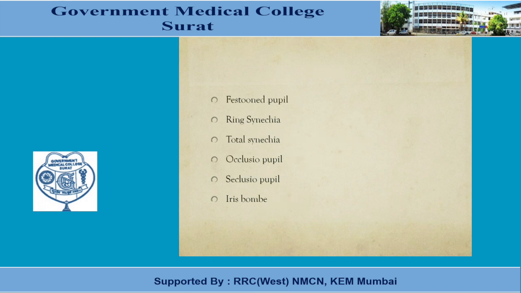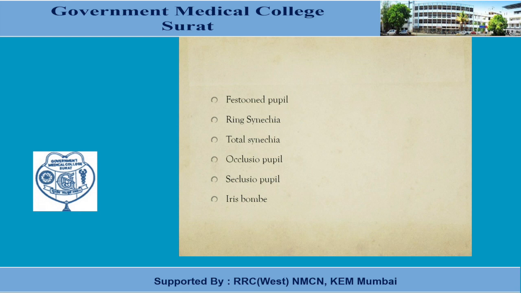Next. Now, see what happens. There may not be one single posterior synechia. There may be synechiae at various places, which hampers the pupillary dilatation or reaction of the pupil. So with heavy cycloplegics or mydriatics, if we attempt to dilate the pupil, what will happen?